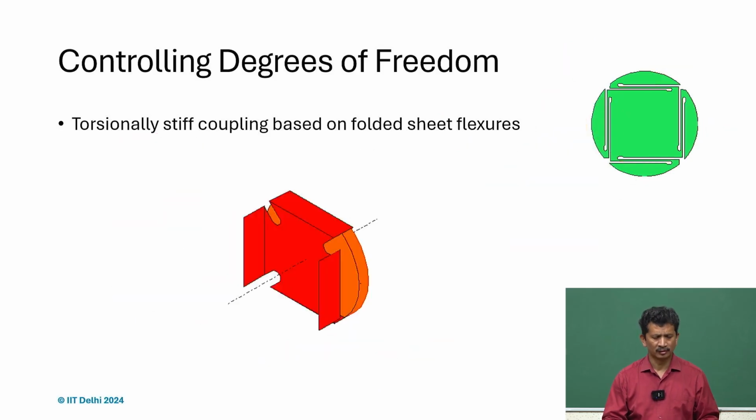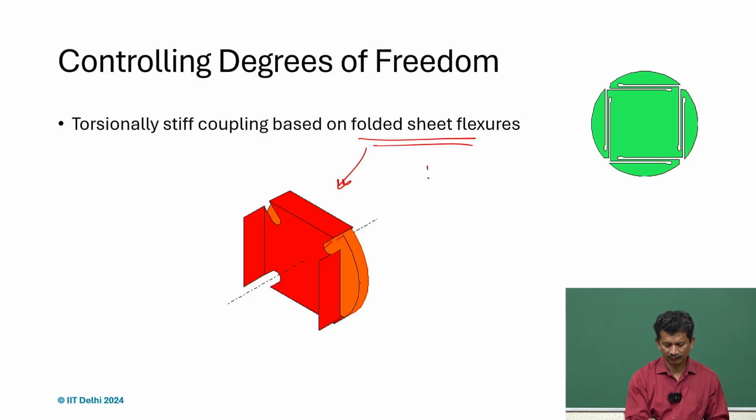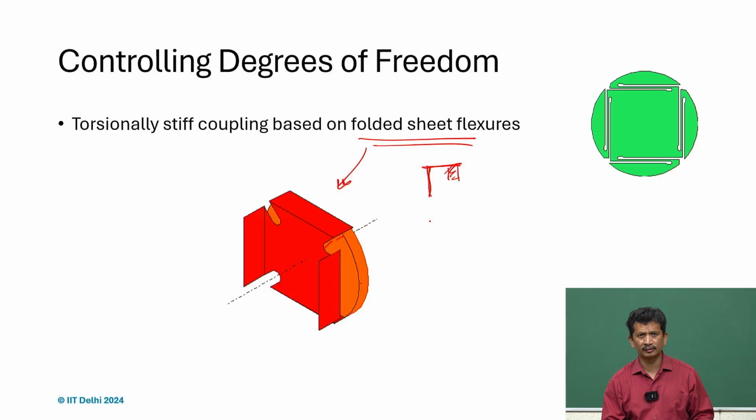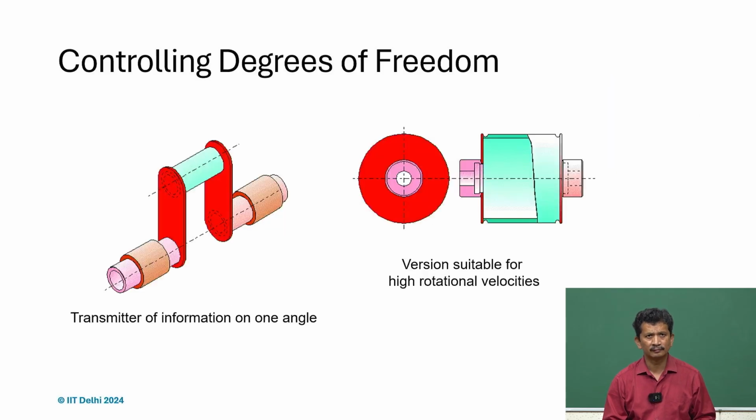So, this is just a CAD model, and this is what you see. For better illustration, this is what I was talking about, the overhang, so that we get the real sheet flexures. And on the other side you have the other piece. If we keep extending the concept, we can have many solutions.